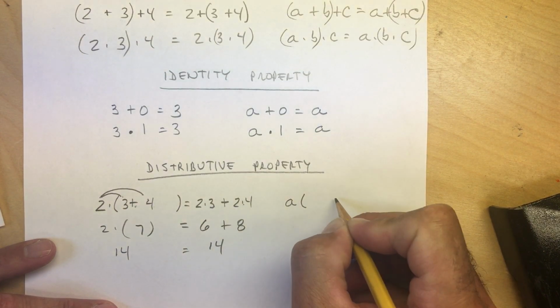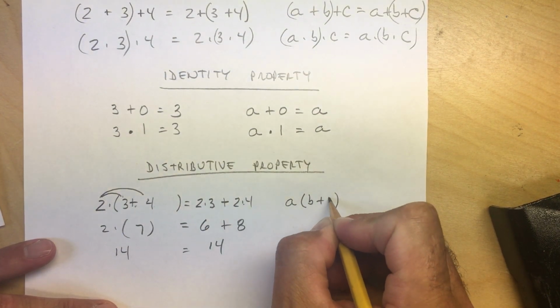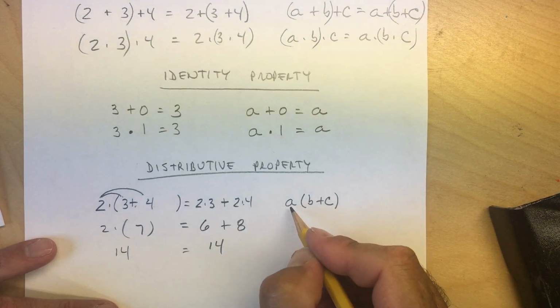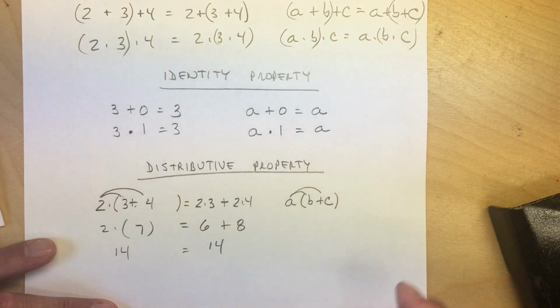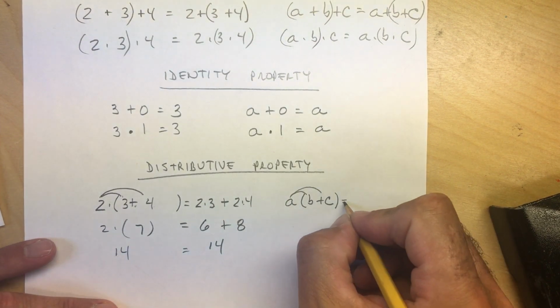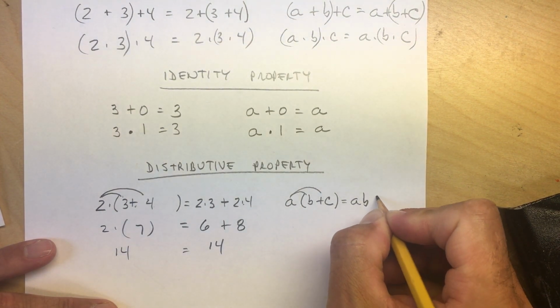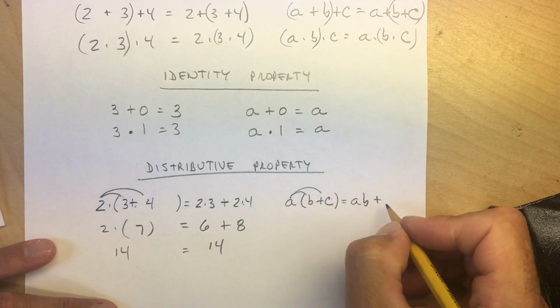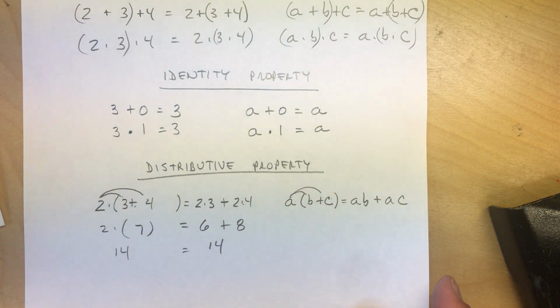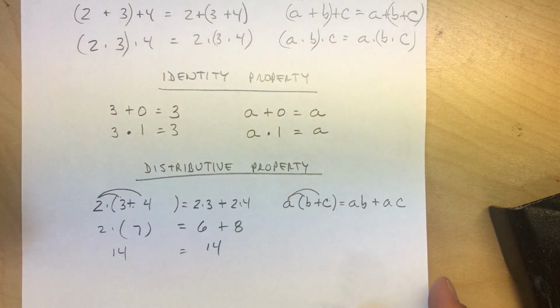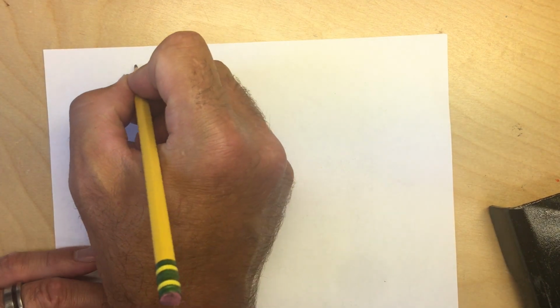If you have B plus C inside the parentheses and then A outside, we're going to take this A and distribute it inside. So it's the same as A times B and then the plus sign and then A times C.